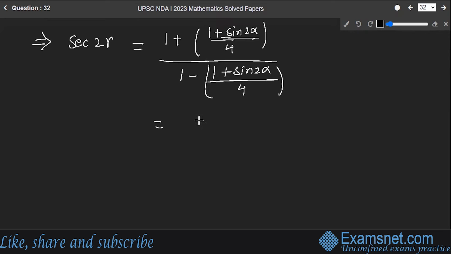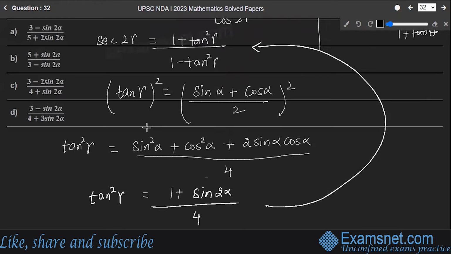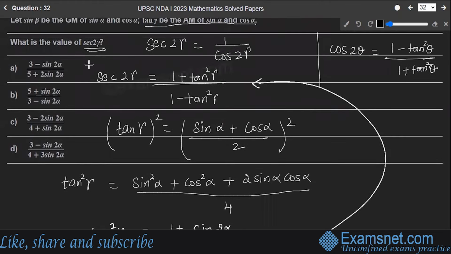You will solve it, this will be (5 plus sine 2 alpha) upon (3 minus sine 2 alpha). Right. So this is the required value, secant 2 gamma. Let's check. We have option B as the correct answer.